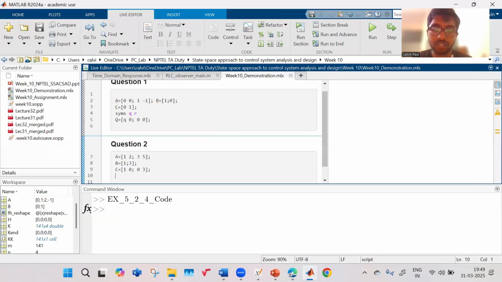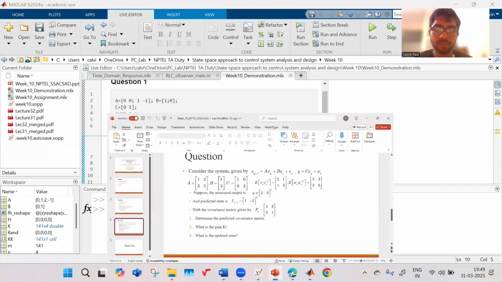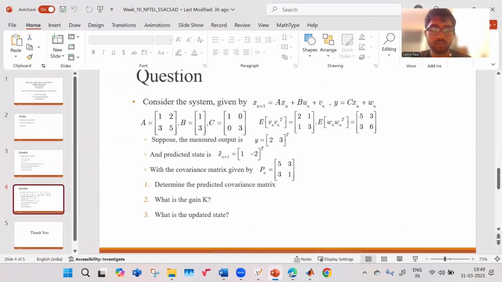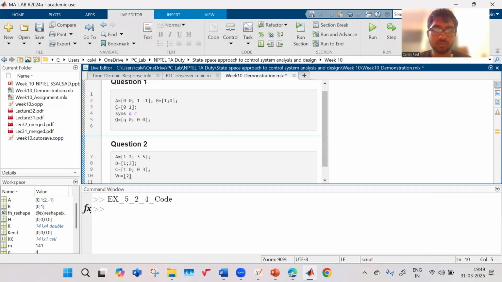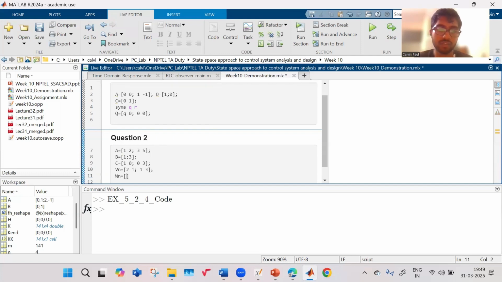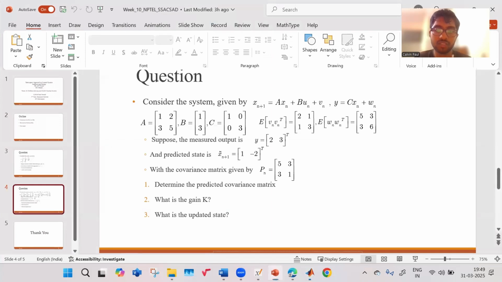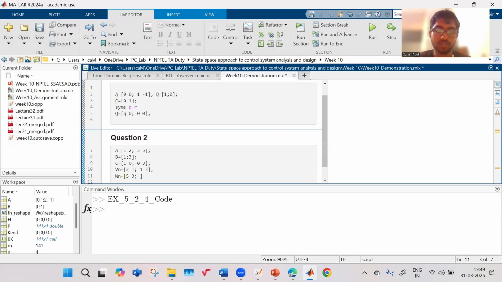Notice our capital Bn is equal to 2, 1, 1, 3. The Wn is given by Wn equal to 5, 3, 3, 6.